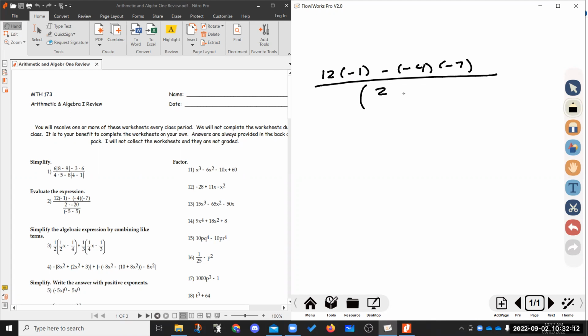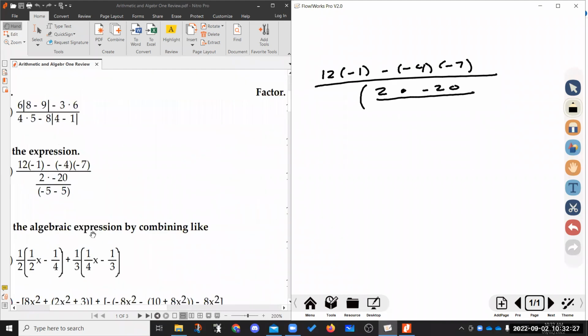I have 2 times -20 over -5 minus 5. Okay, so that's a subtraction sign, that's a negative sign, that's a negative sign, multiplication dot, negative sign, subtraction sign.